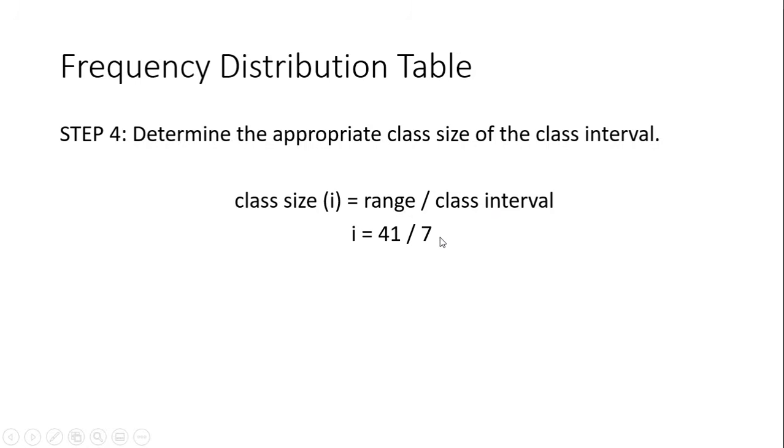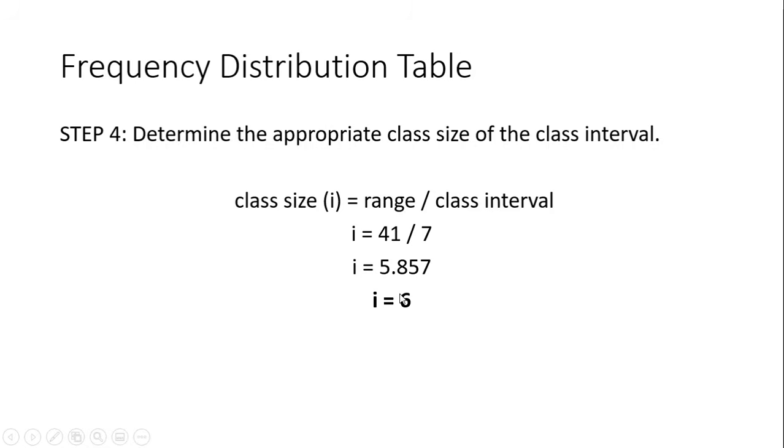So the answer is 5.857, but in terms of the class size, it's best for you to round it off to the nearest whole number. So if you round 5.85 off to the nearest whole number, we'll be having 6. So our class size is 6.